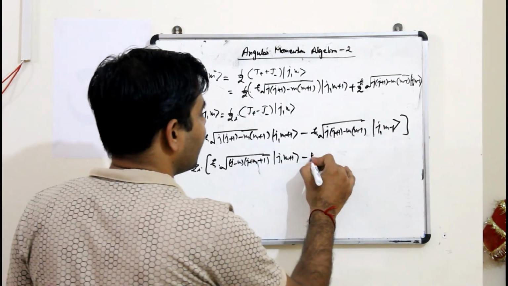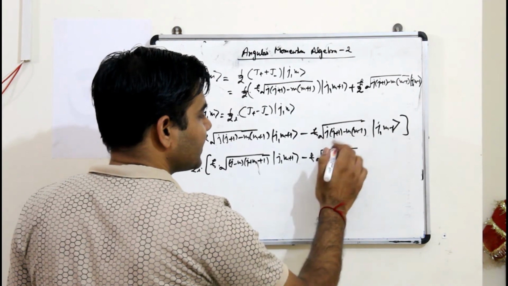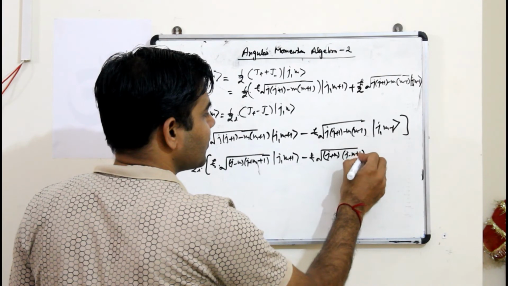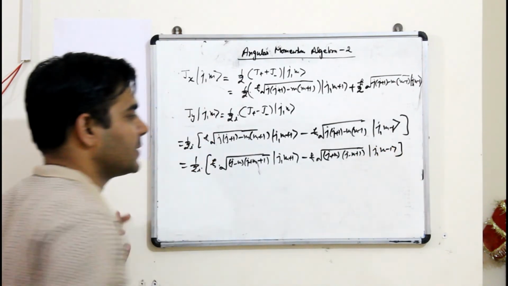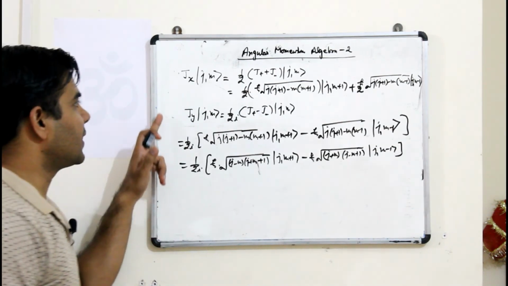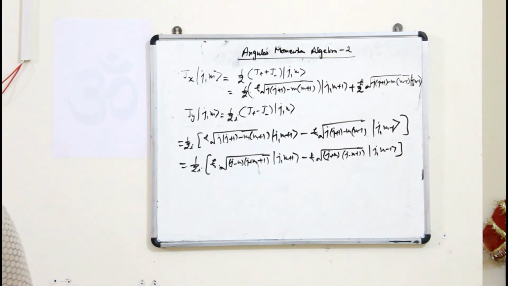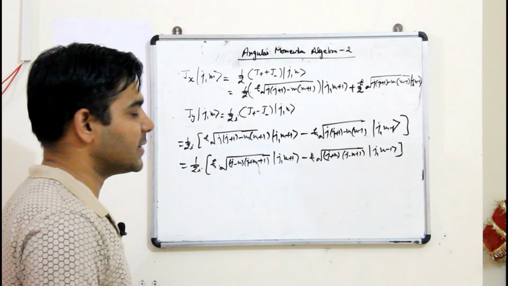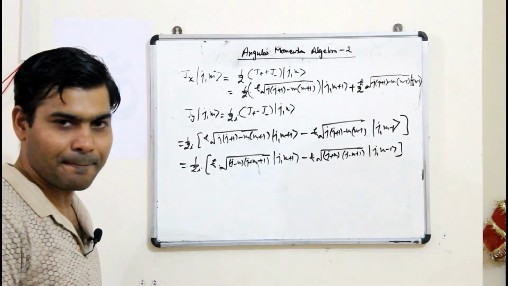Similarly here, if I take ħ and j plus m this side, this time it is j plus m, j minus m plus 1, |j, m−1⟩. So this is the action of Jx and Jy on the |j, m⟩ eigenstate, which is the eigenstate of J squared. And we have found the action of all the operators involved in the algebra, like J plus, J minus, Jx, Jy on |j, m⟩.